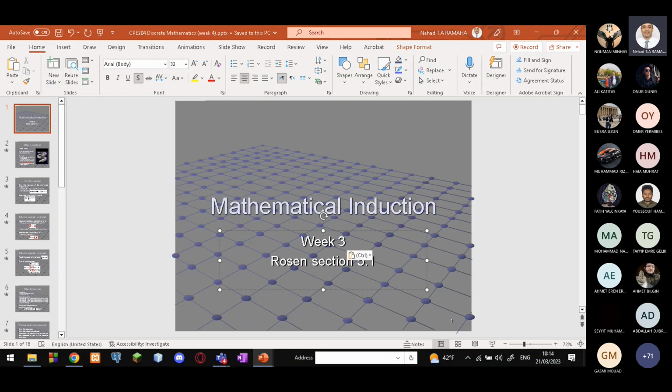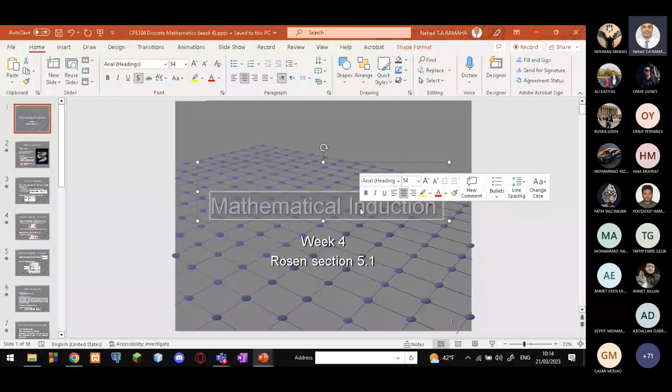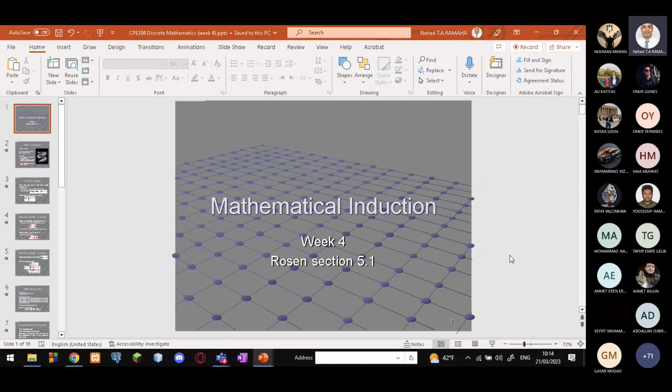So this is week 4. This subject is from the book by Rosen, section 5.1, mathematical induction. If you study programming, there is something called a recursive function.